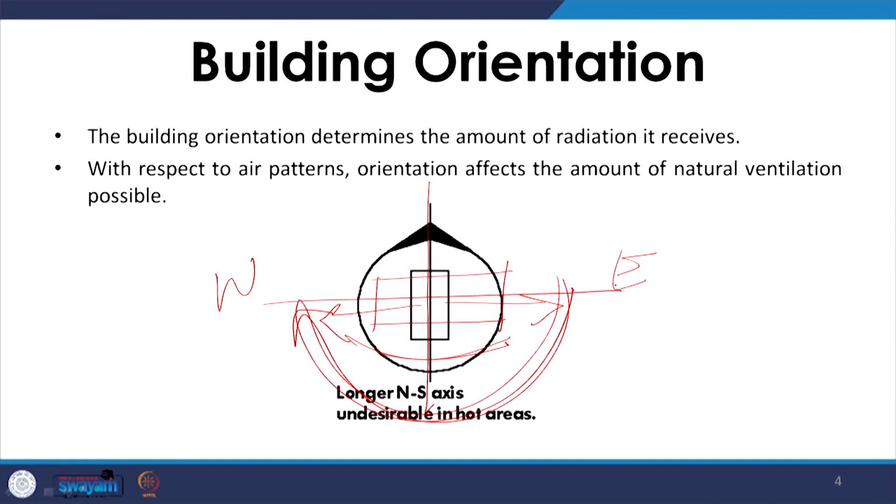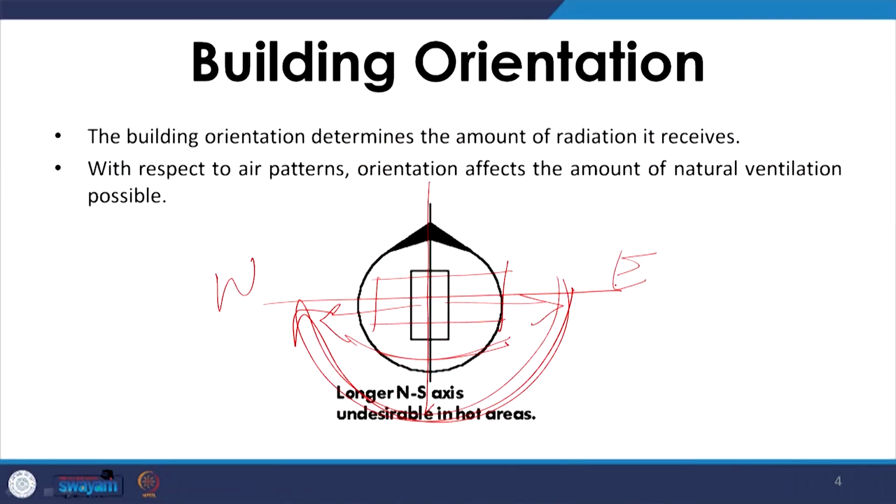So, it is always preferable in hot areas to have your building oriented in such a manner that it has a longer east-west axis. When we are talking about building orientation, it automatically affects the orientation of the street. If we have more buildings oriented with their longer axis in the east-west direction, we automatically have streets in the north-south direction, and in such a case the streets also remain shaded for most of the day.